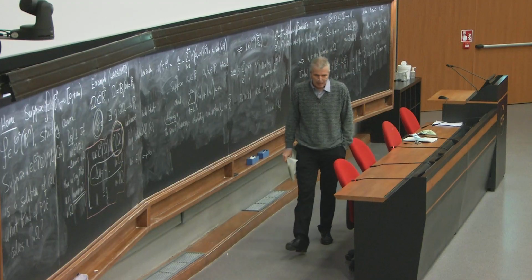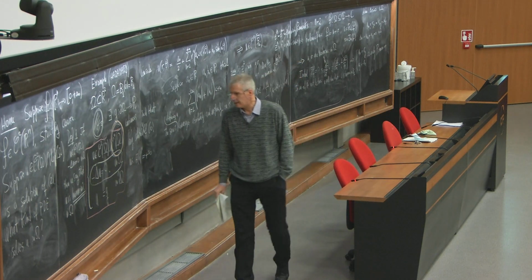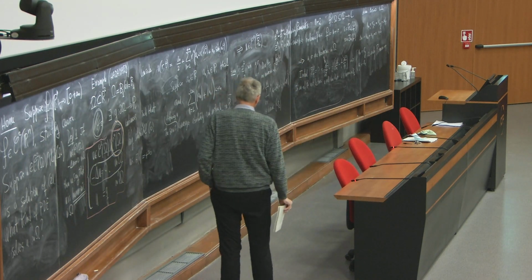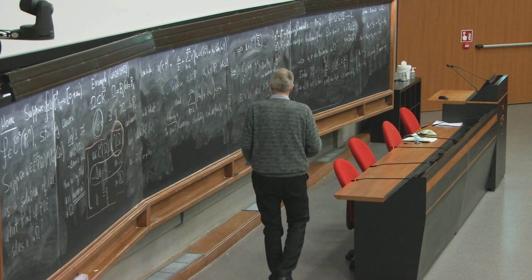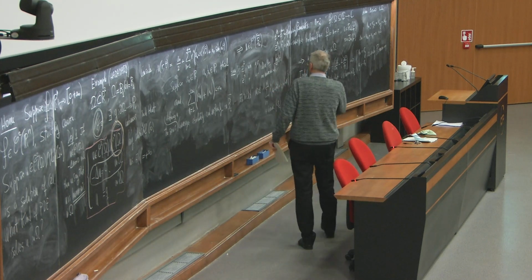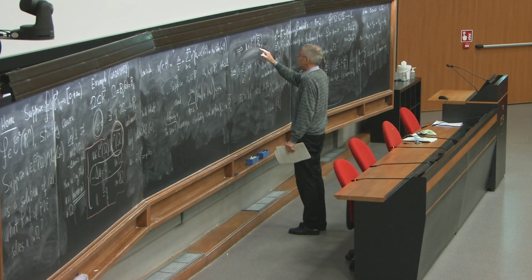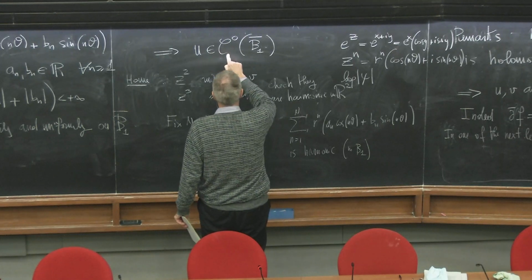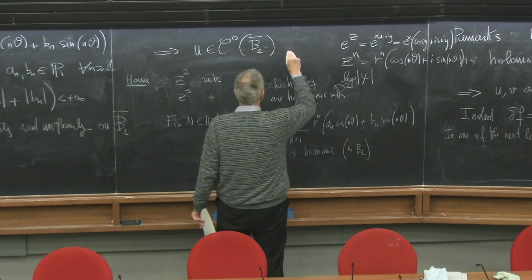Harmonic in B1 means, in particular, also C2, actually even more. So at the end, what do we get? We get that u is C0 and harmonic.